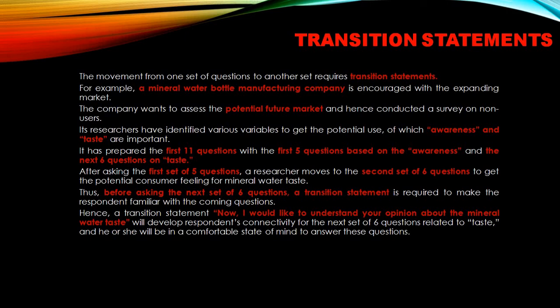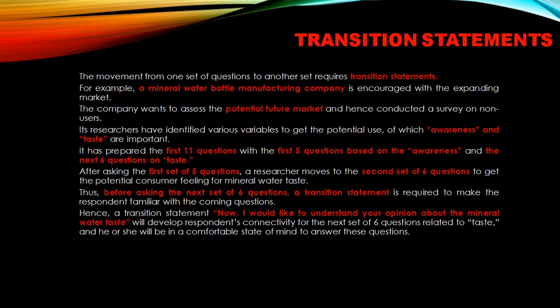Its researchers have identified various variables to get the potential use, of which awareness and taste are important. Now it has prepared the first 11 questions, with the first 5 questions based on awareness and the next 6 questions on taste. After asking the first set of 5 questions, a researcher moves to the second set of 6 questions to get the potential consumer feeling for mineral water taste.